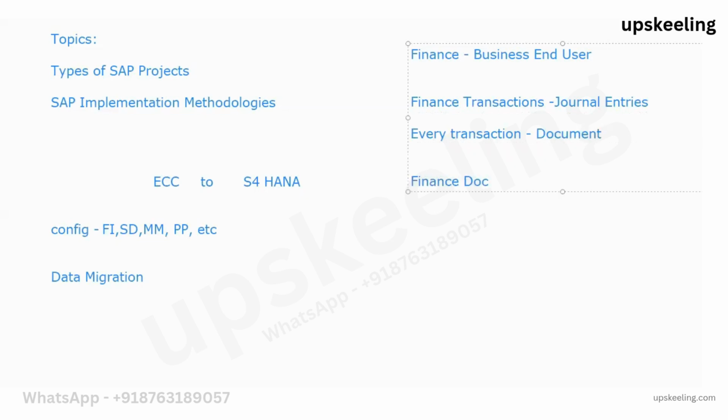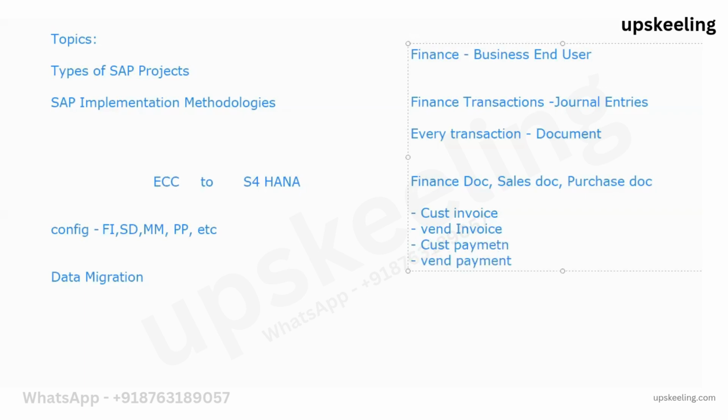This is a finance document. It can be a finance document, it can be a sales document, and again, it can be a purchase document. There are different types of documents, and in finance documents, again, you have different document types. For example, customer invoice, vendor invoice, customer payments, vendor payments, the list goes on. I'll not go into too much detail. We have a number of document types.